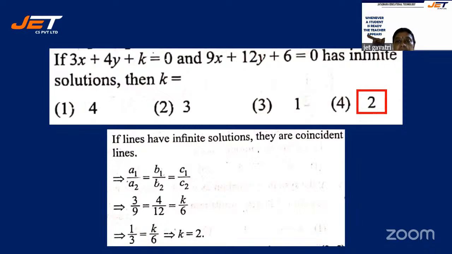It means that they are coincident lines. So coincident means same. A1 by A2 is equal to B1 by B2 is equal to C1 by C2. 3 by 9 is equal to 4 by 12 is equal to k by 6. So you can just take 1 by 3 is equal to k by 6, which means 3k is 6, k is 2. That is why your option 4 is correct.